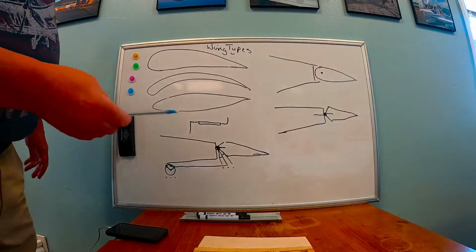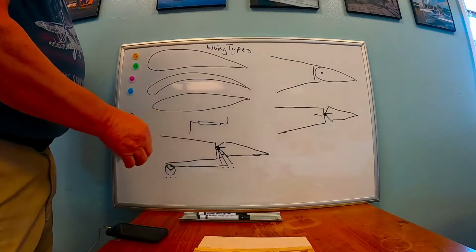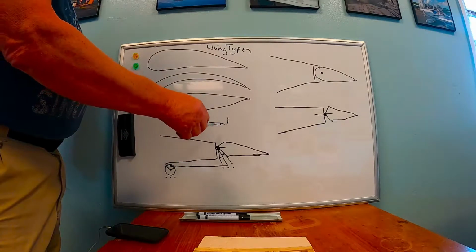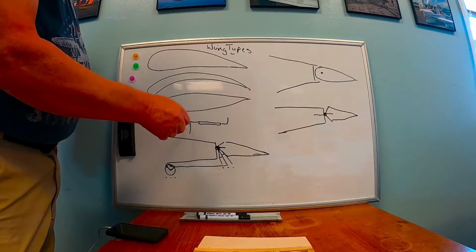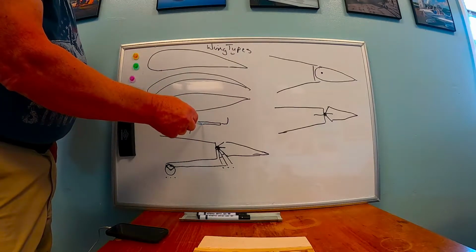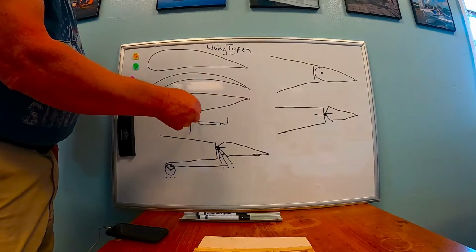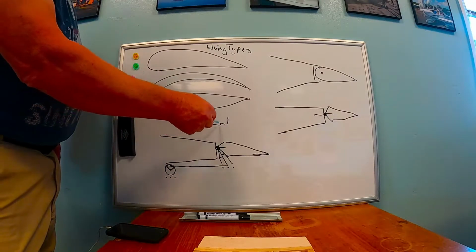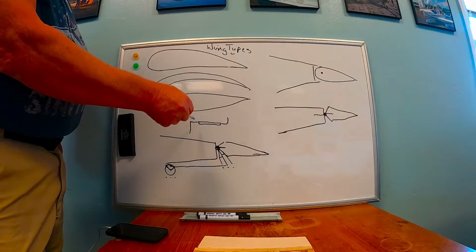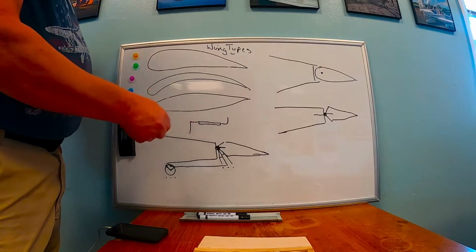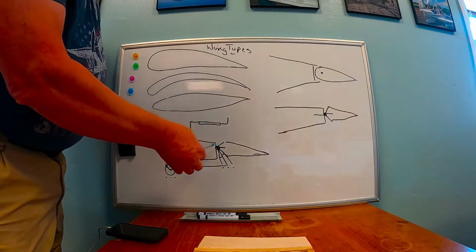The other thing we're going to do today is put the hinges in and the push rods for the ailerons. This push rod, or bell crank, or whatever you want to call it, looks kind of like this. It's got a brass bushing, and then a push rod inside of it.